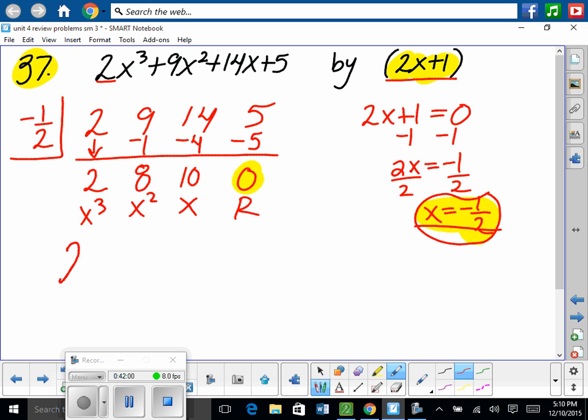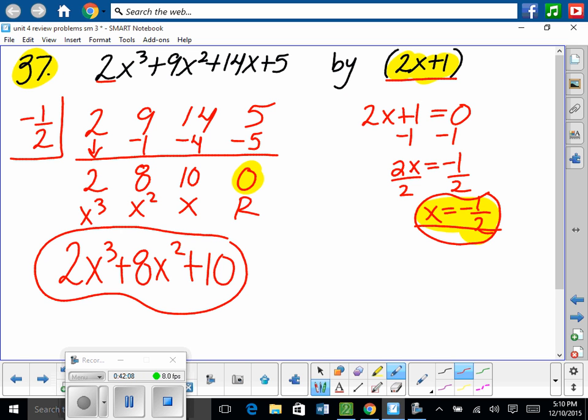So our final answer is 2x cubed plus 8x squared plus 10. That is the polynomial once you've divided by 2x plus 1. So in this one, you're not solving the roots, you're finding the polynomial once you divide. So I divided using synthetic division, using the root, -1/2, and there's the polynomial.